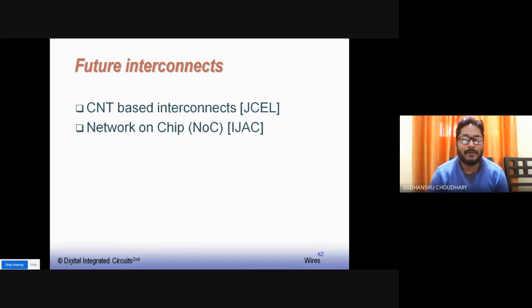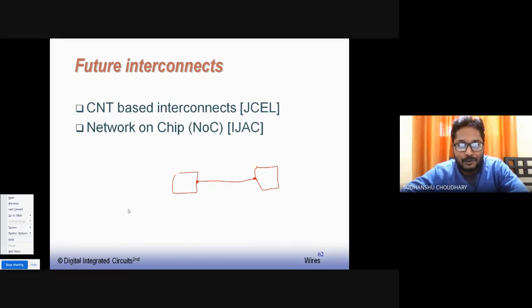Now apart from these interconnects or wires which are actually used for point-to-point connection. Point-to-point connection here means that you have two components which you are directly connecting by using a single wire, right? Now since there are trillions of devices in an integrated circuit, this point-to-point connection of all these terminals or devices or nodes is not a feasible solution.